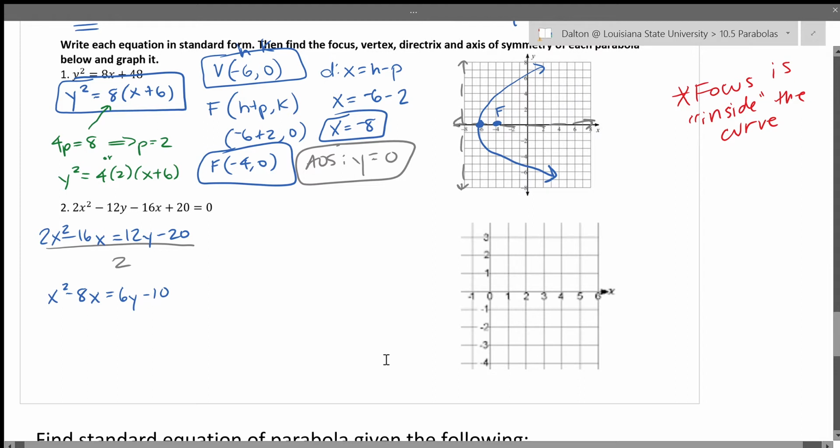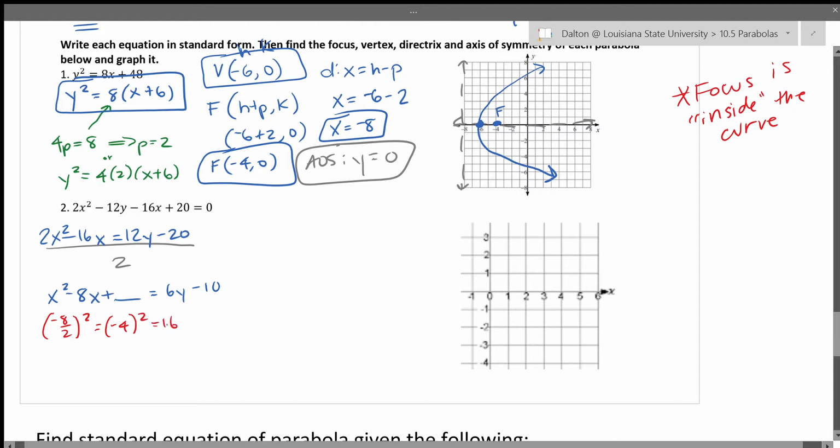So when we complete the square, I know I'm going to have a new c. And in order to find the new c, I'm going to do b over 2 squared. So that'll be negative 8 over 2 squared, which is negative 4 squared, which is 16.